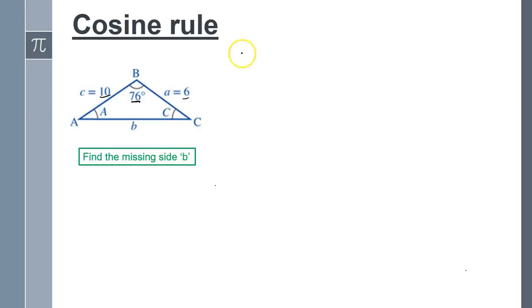So whatever I'm trying to find, I put that out the front. You'll be using the formula sheet. I've just done this with the year 10, so I actually remember it. So whatever variables you're not using, so in this case A and C, minus 2AC cos of B. Okay, so whatever is out the front, the opposing angle is going to be in the cos part.